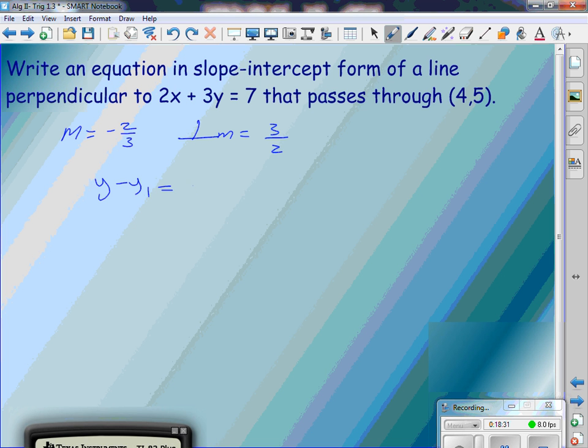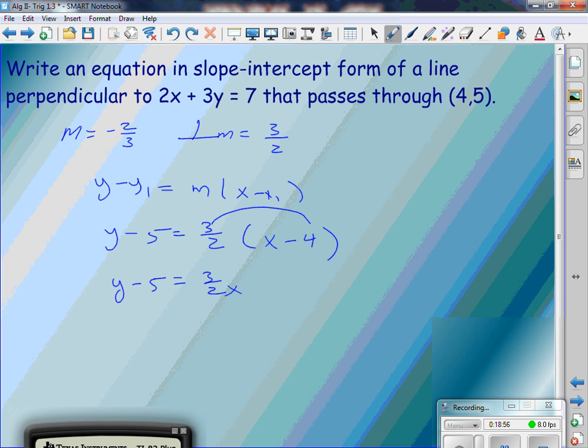y minus y1 equals m times x minus x1. y minus, what's my y value? 5. My slope is 3/2 times x minus 4. y minus 5 equals 3/2 x. What's 3/2 times negative 4?